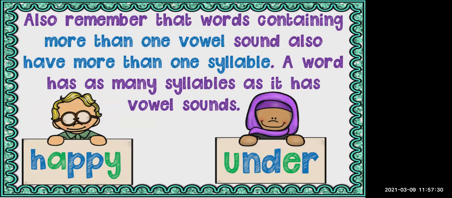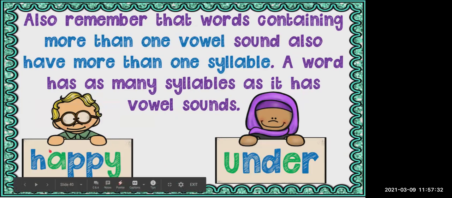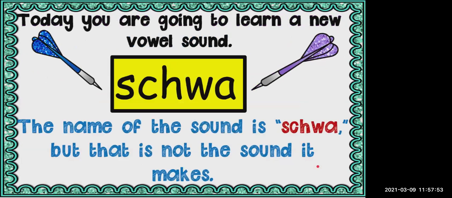So let's look at the word happy. We have a and e. So we have two syllables in this word. Hap, e. We have the word under. We have the vowel sound and so we have und, two syllables in that word.